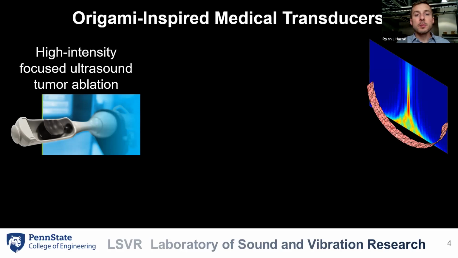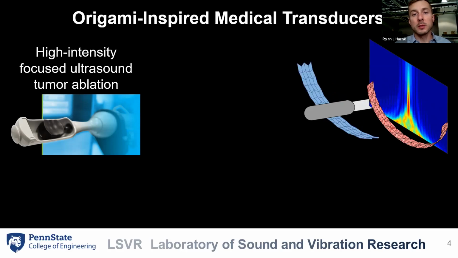On the other hand, this probe is much too large to tackle some of the other cancers in the body, for instance, liver cancer, other cancers within the torso, as well as in the chest. So our vision is to use the principles of origami, where we realize this focused sound field by curvilinear and hemispherical transducer shapes, but we're able to pass that transducer object to the point of care in the deployed state realized by the folding sequence of this origami-inspired tessellation.